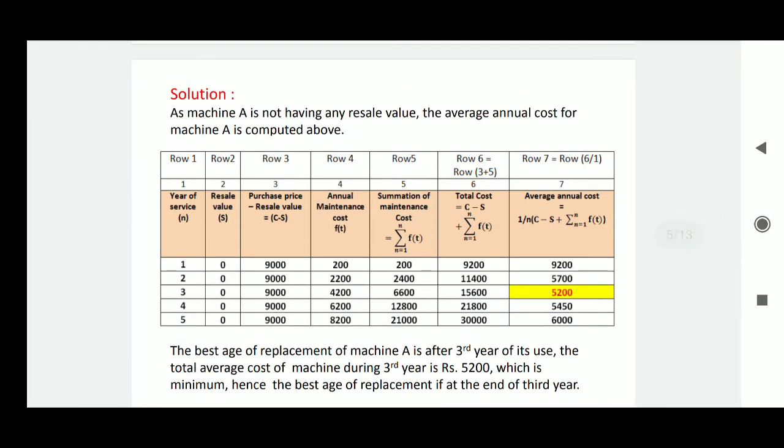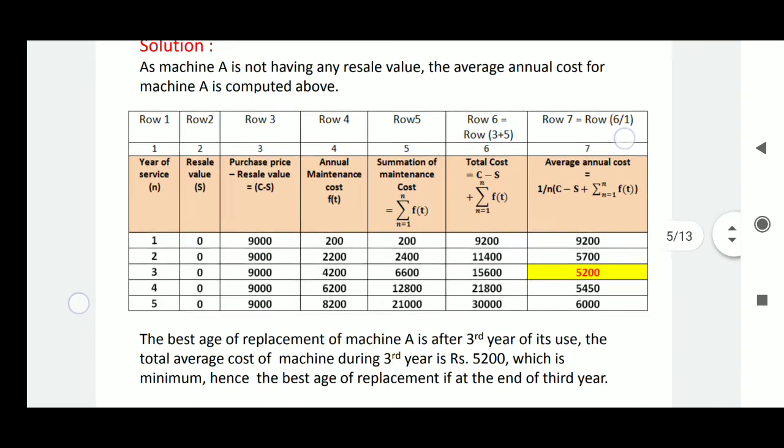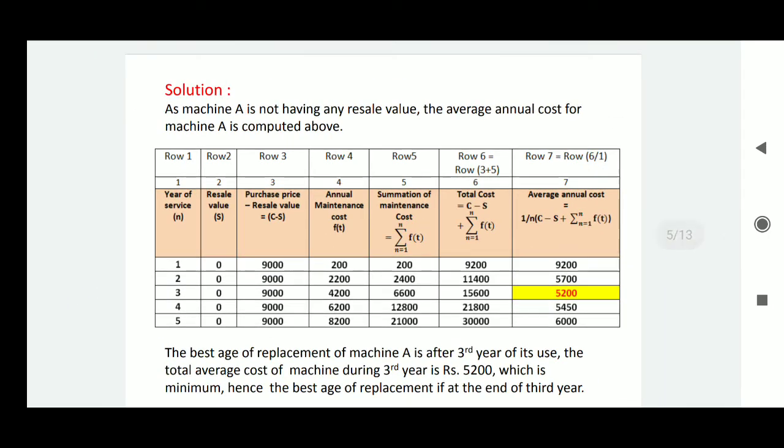Here for machine A, we have to calculate what is the best age of replacement of the machine and what is the average annual cost of that machinery. So in the previous lecture we have solved a similar problem. Make the tabular format, that is row 1 to row 7.